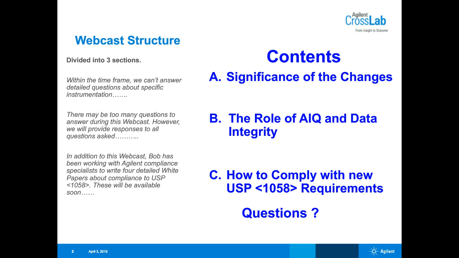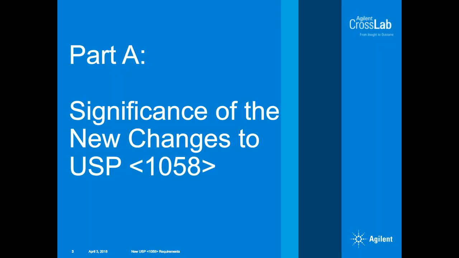So let's start off looking at the significance of the new changes to USP 1058. For those people that know the old version from 2008, it may look fairly similar, but there are some substantial changes in there, and we're going to go through them in this section.